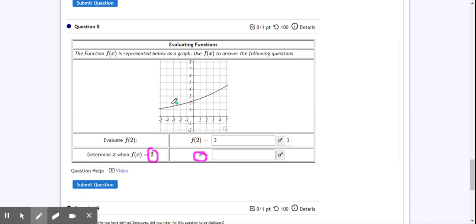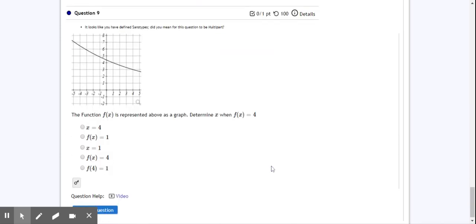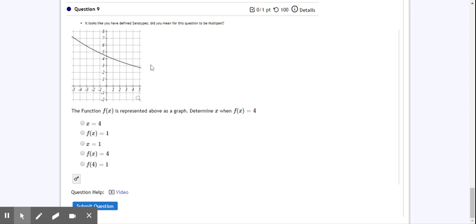So your function needs to be at 2. Right here is at 2. And what x is that? If we draw a straight line down from that, that x is at -1. Let's see how we did. Perfect.